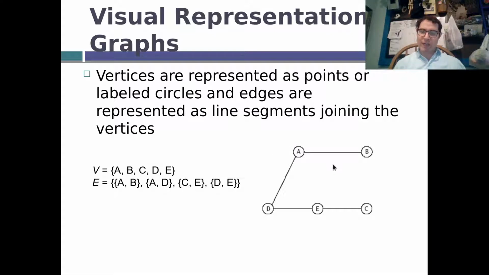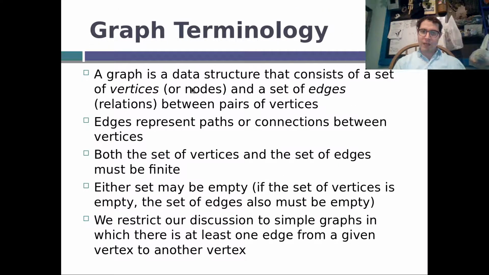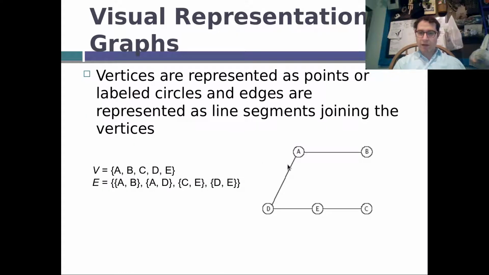I come from a networking background, so the term node is used a lot more than vertex, but they're pretty much the same thing. I've got two nodes here, and they have a relationship between them. They have an edge.